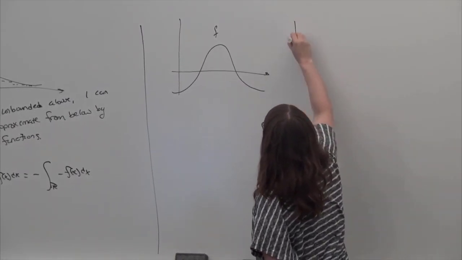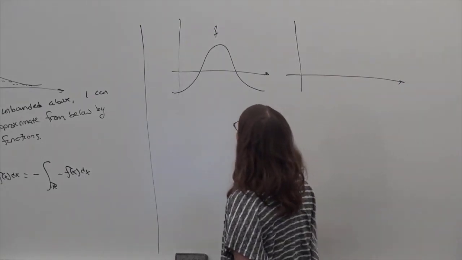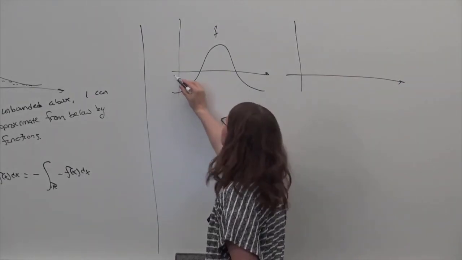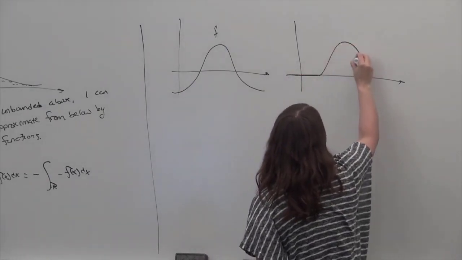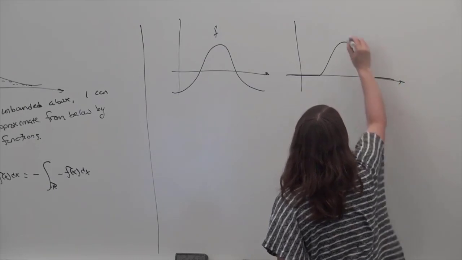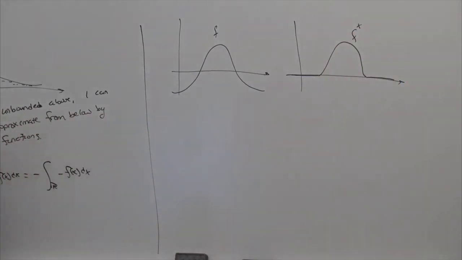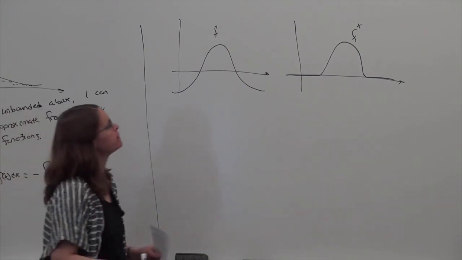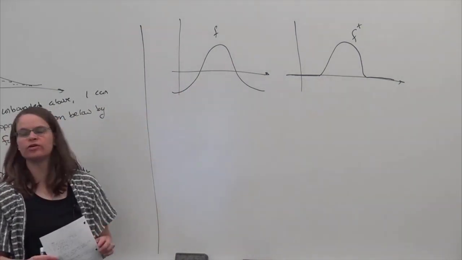So the first part will be the positive part. Okay, so the positive part, anywhere that is negative, I just kill it. I set it back to 0. I keep everything that's above 0. Okay, and then separately, I'm going to say, well, when is this less than or equal to 0?